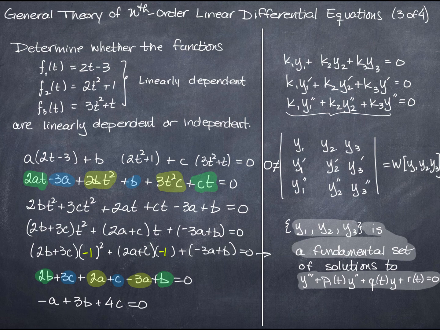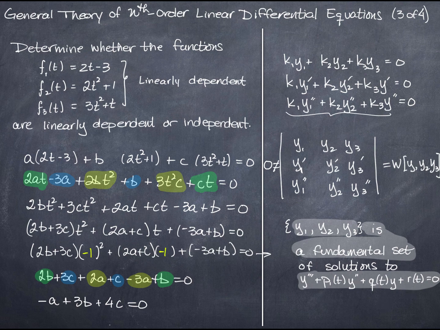And what that says is if there's a collection of functions, and that collection of functions forms a fundamental set to this equation, then those three functions, or those n functions, are linearly independent. Equally, if those three functions are linearly independent, then they form a fundamental set.